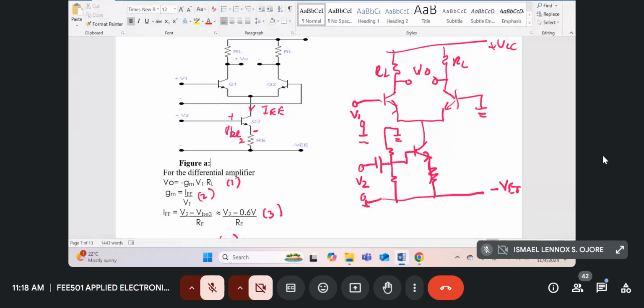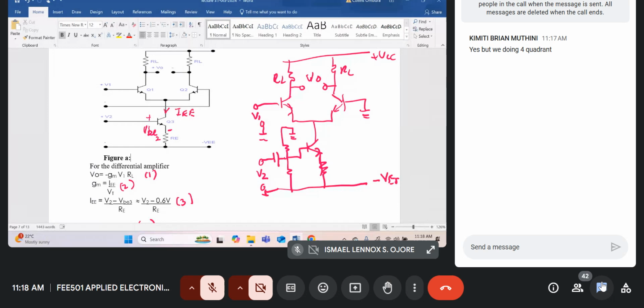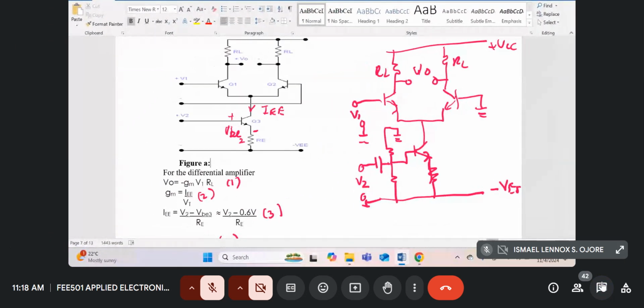Somebody was saying you're doing 4 quadrant. So the circuit does not look like this. Okay, we'll just continue.